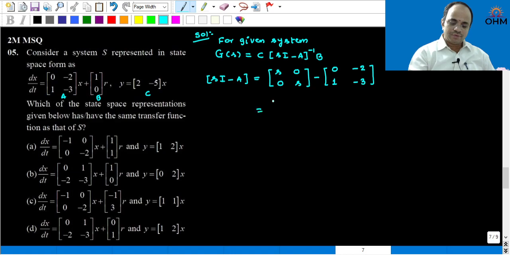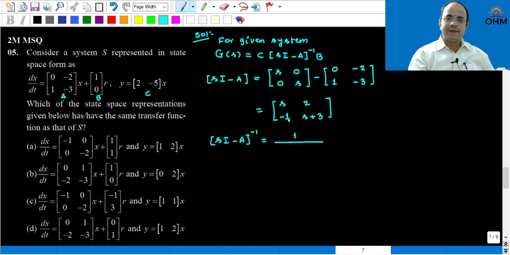So it will give you S minus 0, it is simply S, 0 minus of minus 2, so 2, 0 minus 1, that is minus 1, and it is S plus 3. So this is the SI minus A matrix. Next, (SI minus A) inverse. That is 1 by the determinant AD minus BC.